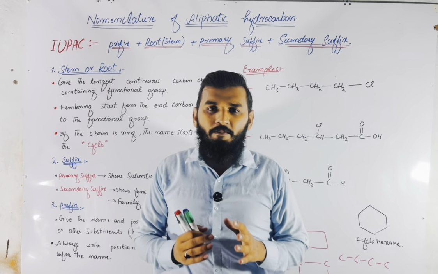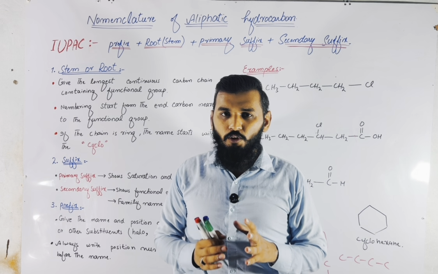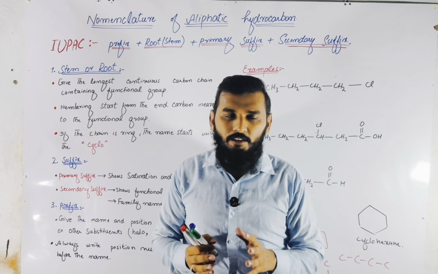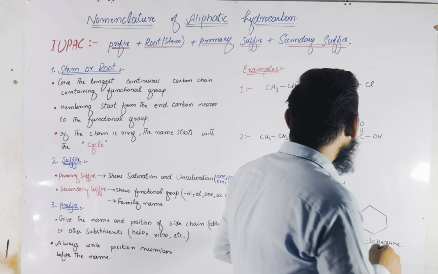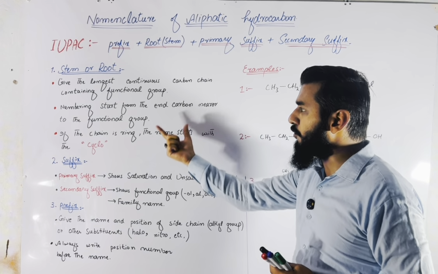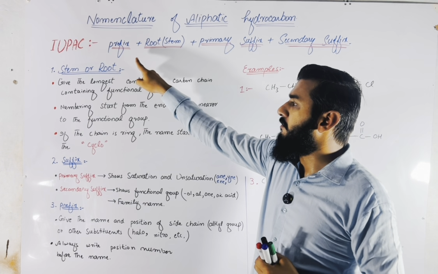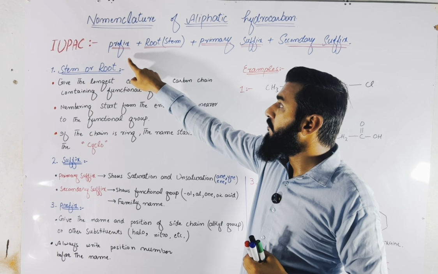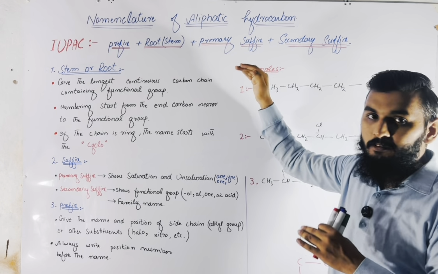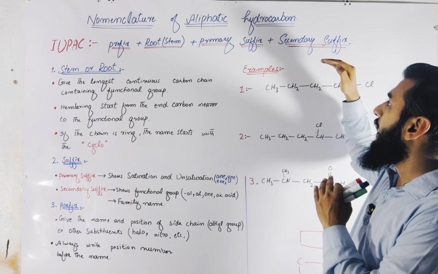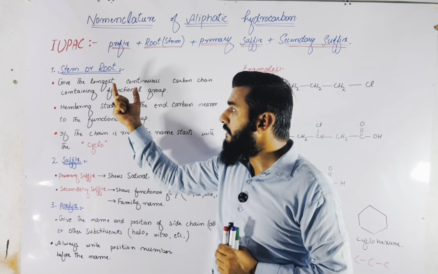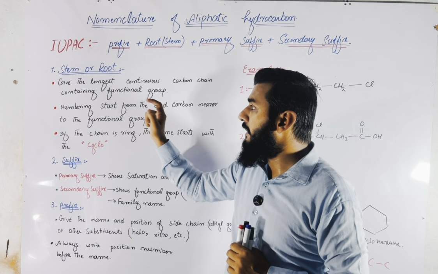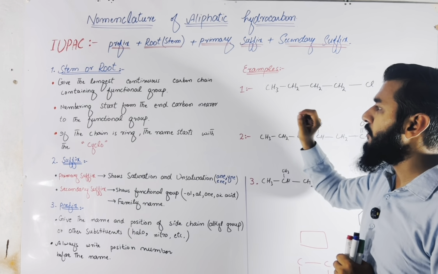Now we use some examples to better understand the concept of the IUPAC nomenclature system. We have the first example, and we will give the name according to these rules and this sequence. First of all, we write its prefix name, then the root or stem name, then the primary suffix, and the last one is the secondary suffix. And what does the stem or root tell? It gives the longest continuous carbon chain.